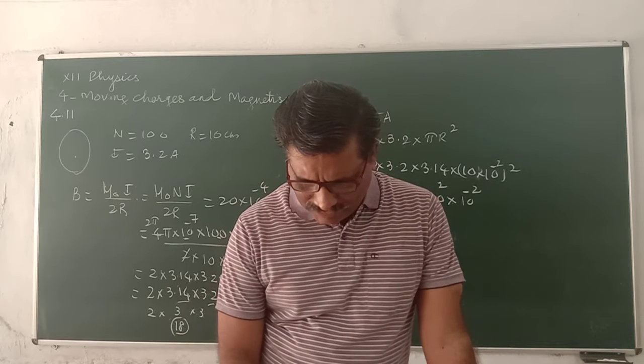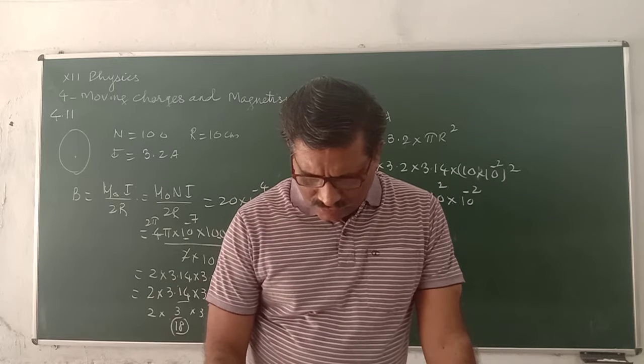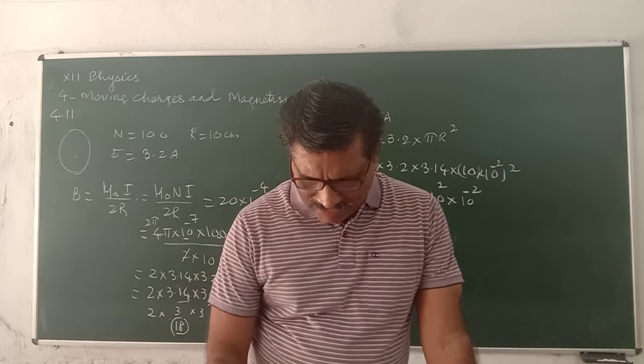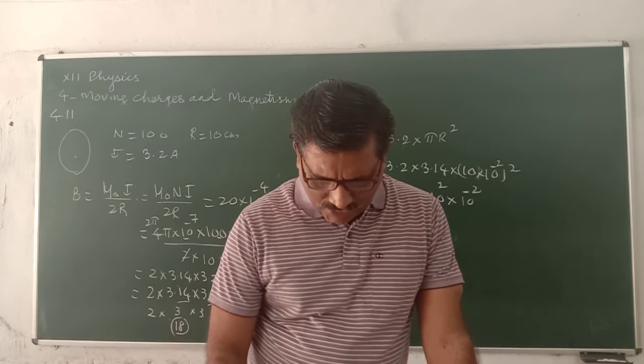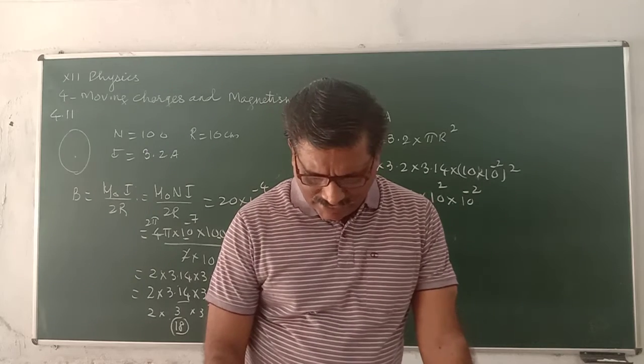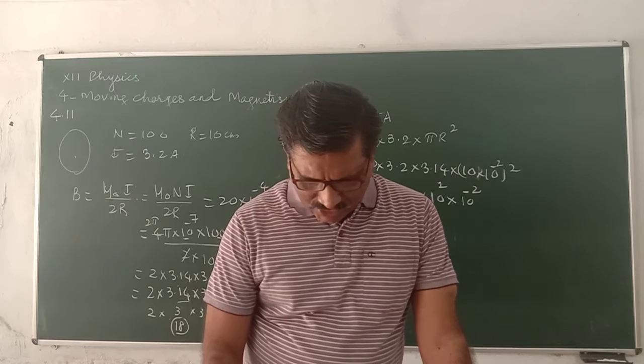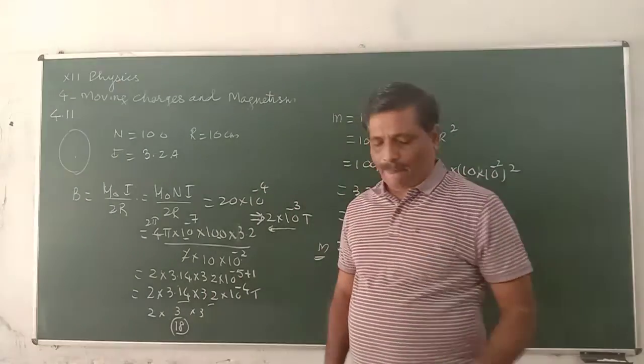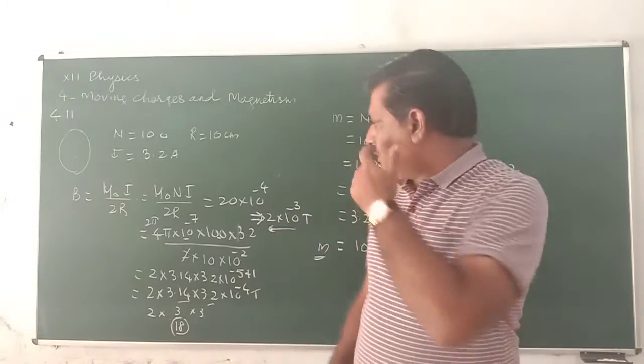What are the magnitudes of the torque on the coil in the initial and final position? What is the angular speed acquired by the coil when it has rotated by 90 degree? The moment of inertia of the coil is 0.1 kg meter square. Let's see this one.